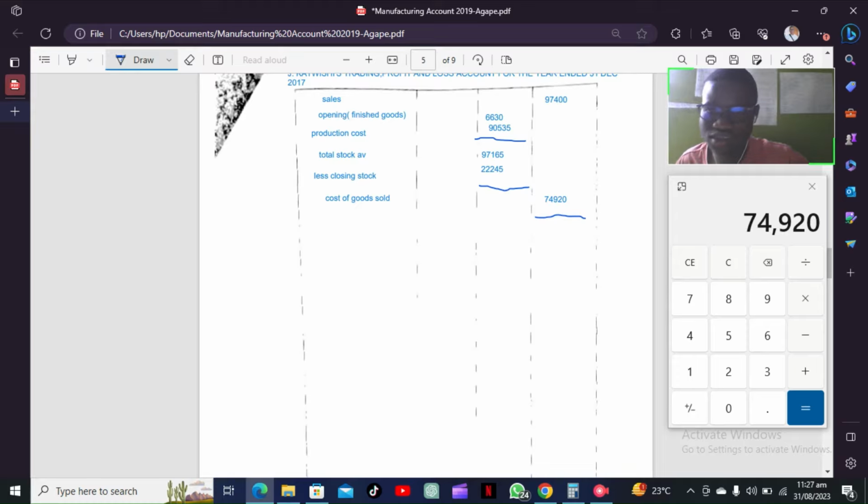Then we proceed. When we find our cost of goods sold, we know we're going to less it from the sales on top. So we're going to say the sales was 97,400 minus 74,020. We're getting 22,480 kwacha.